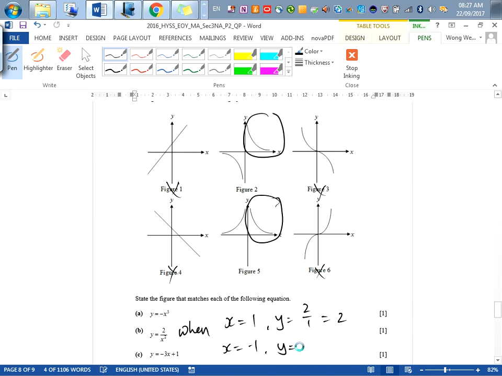What is y equals to? 2/(-1) squared. What is the value here? 2 divided by 1. How much is that? Is it positive or negative? So where should the graph lie? Above or below the x-axis? Positive y is above or below the x-axis? Above. It should be here. So my answer is figure 5.